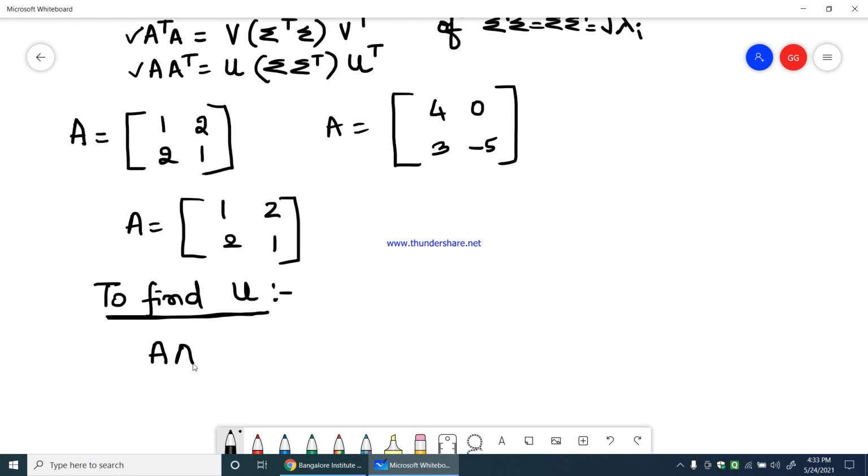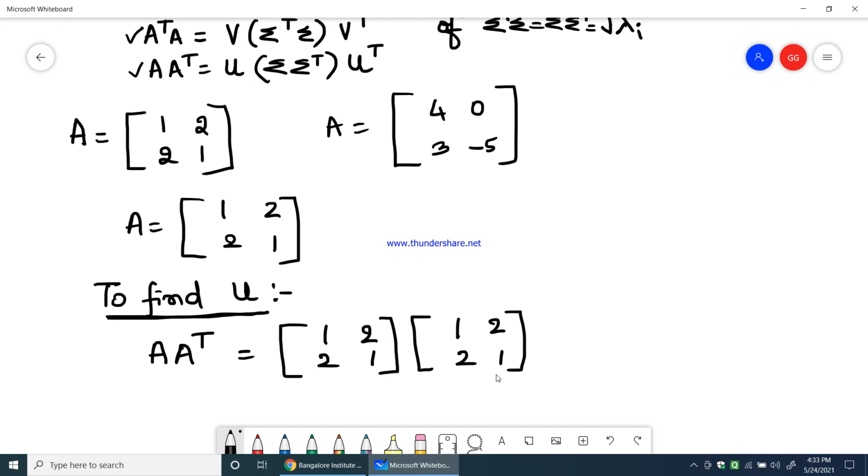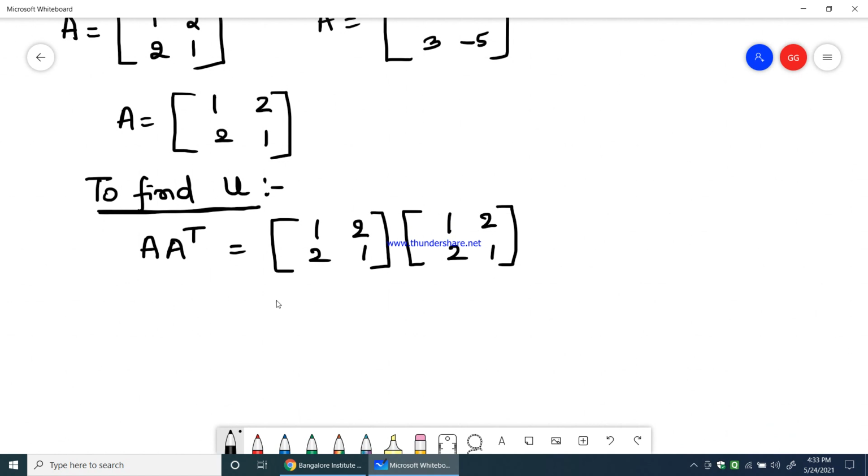A into A transpose is what we need to find. A is [1 2; 2 1], and A transpose is also [1 2; 2 1]. Now when we multiply these two, what do we get? 1 into 1 plus 2 into 2 is 5, 1 into 2 plus 2 into 1 is 4, 2 into 1 plus 1 into 2 is 4, and 2 into 2 plus 1 into 1 is 5.